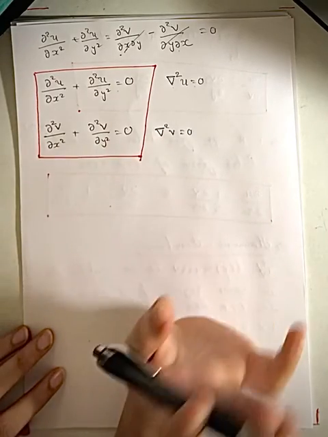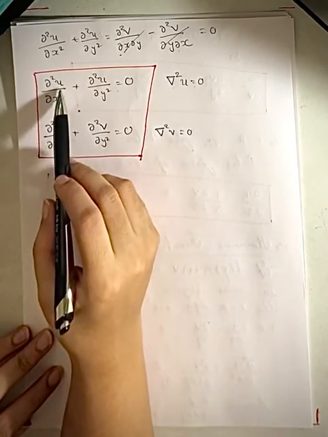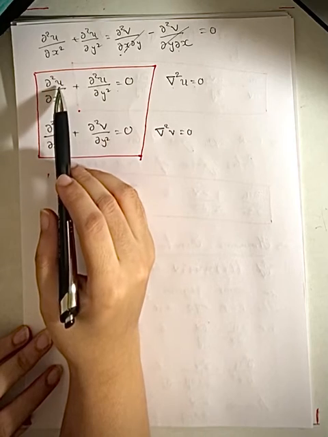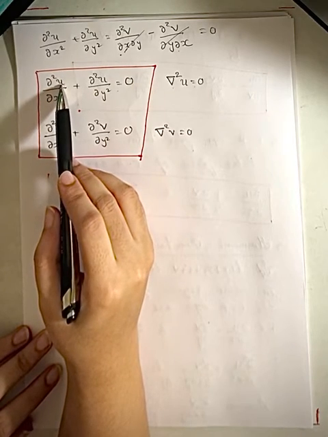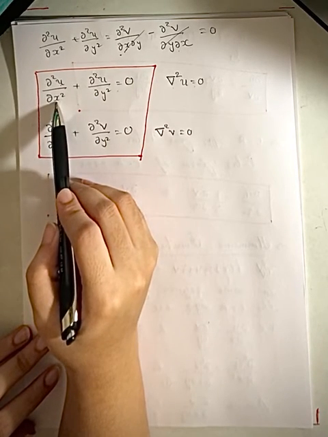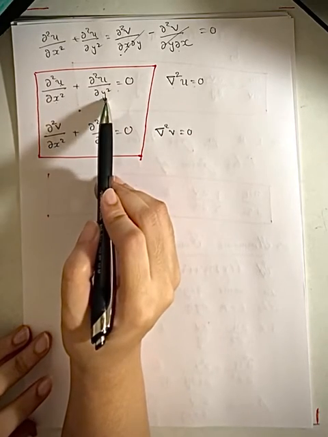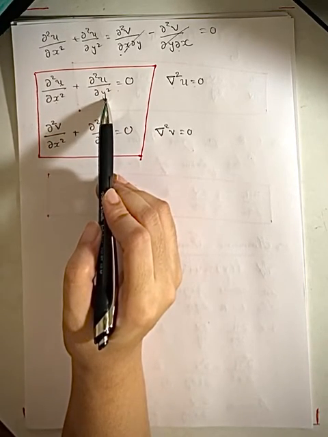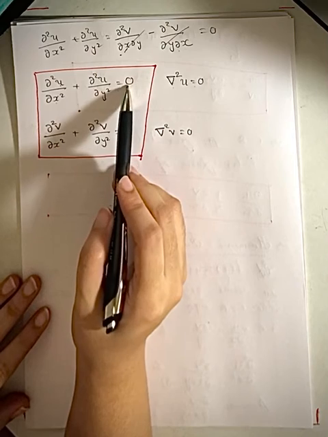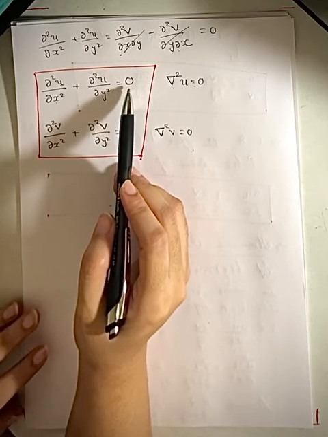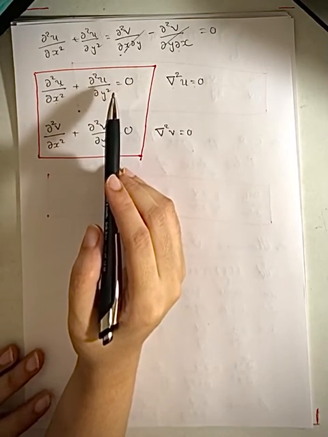But if you don't know, then do know this: when you have a function and you take a double derivative of it with respect to x plus again the double derivative with respect to y, and you get that equal to 0, then it is called Laplace's equation.